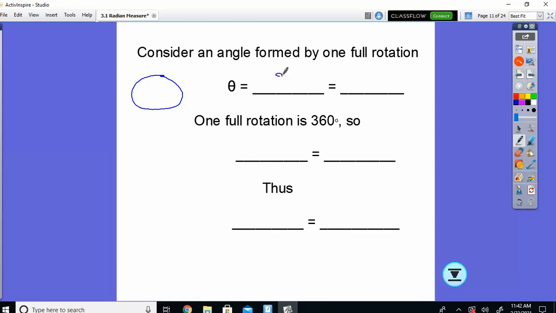The formula I gave you is that theta is equal to s over r. s is arc length, the distance around the outside of the circle. So if I go all the way around the circle, what's another word for a total distance on the outside? Not even trig related. What's the distance around the outside of a circle?